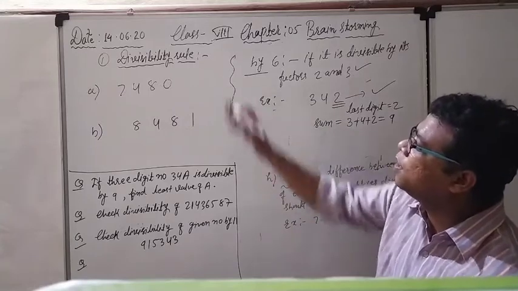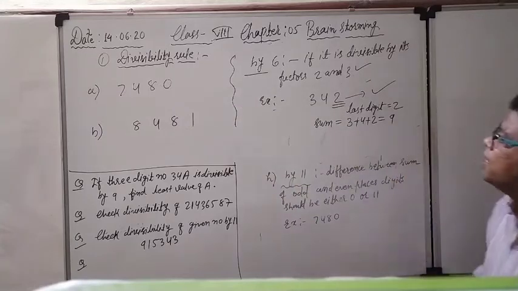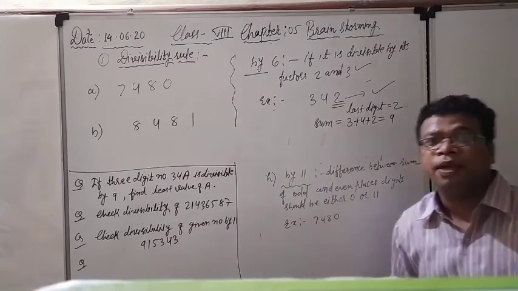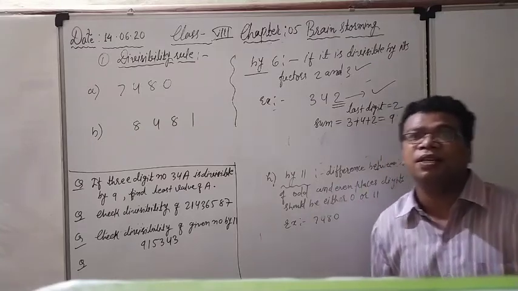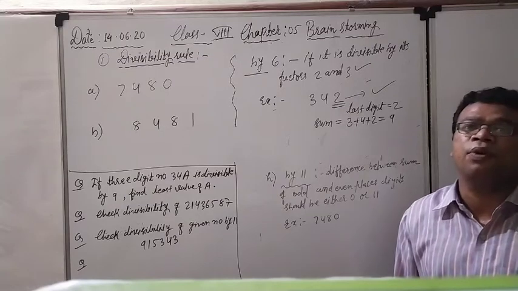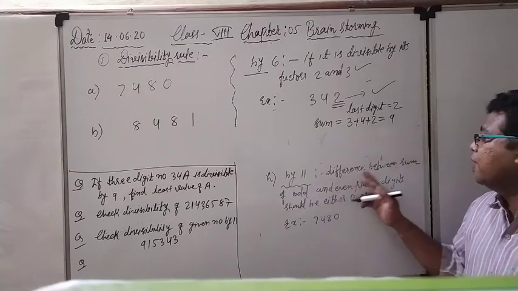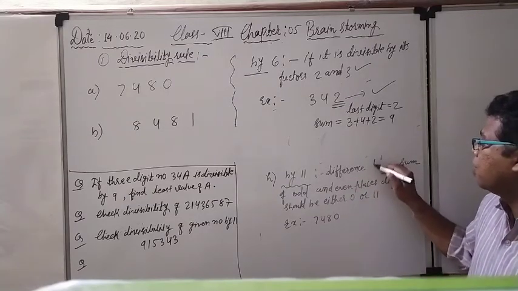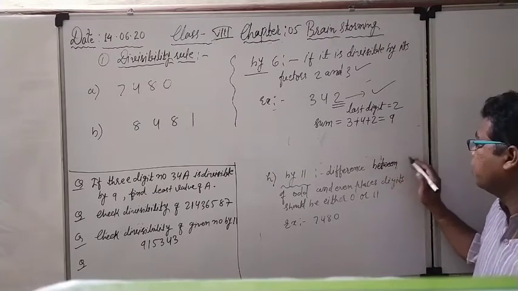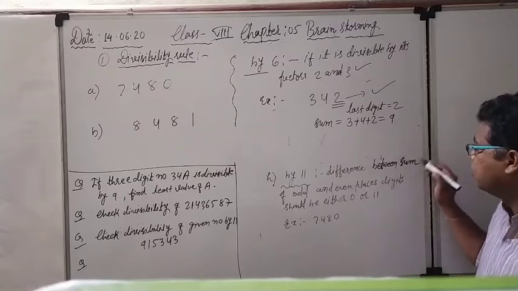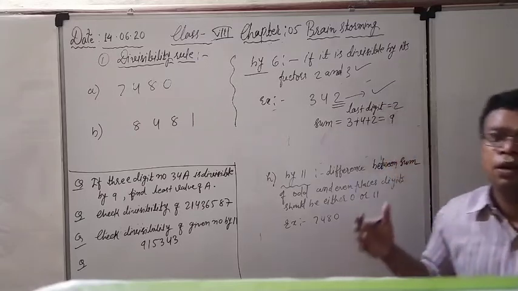Now see the divisibility rule for 11. That is very important. It is a little typical, and it is a question which is generally asked in the exam, so be very careful. Concentrate more and more here, otherwise you are not going to understand it.